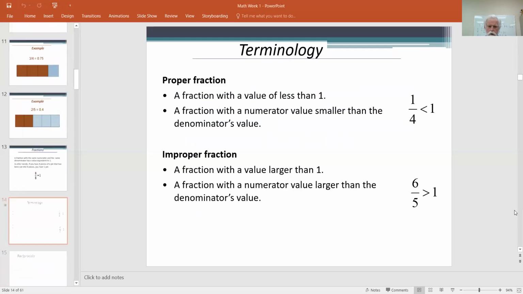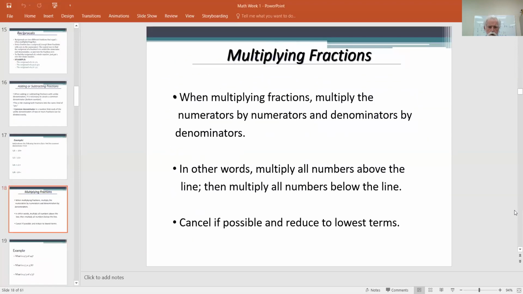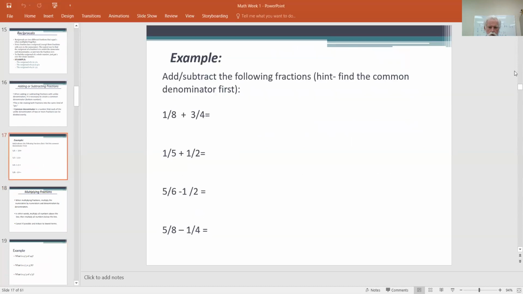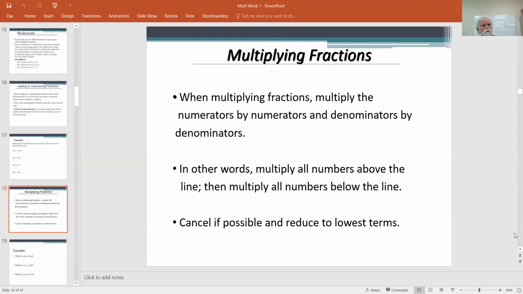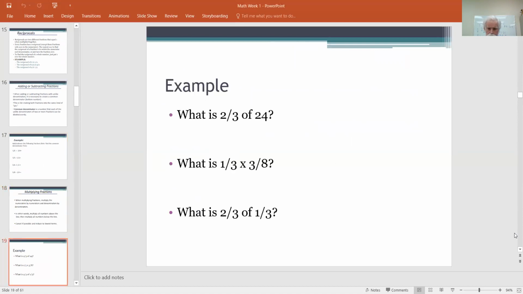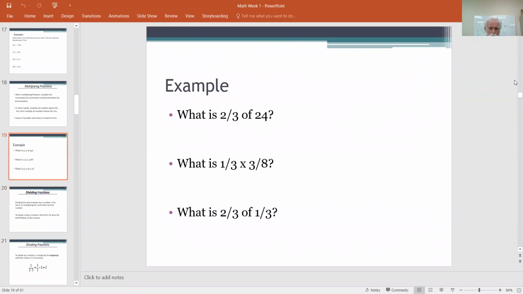All right. Okay. I suggest that as part of your study that you go through the PowerPoint and do a couple of the examples. Let's use another bit of terminology, especially as it applies to fractions.